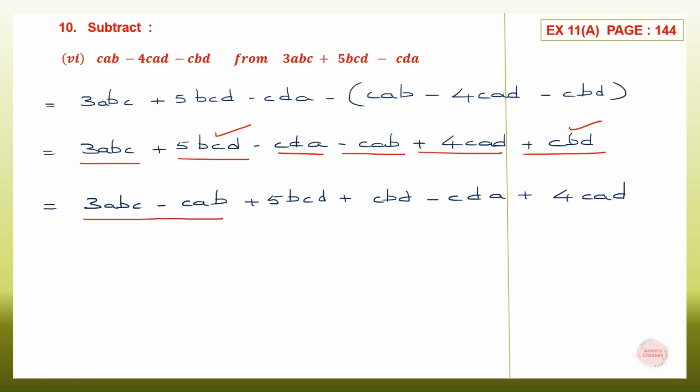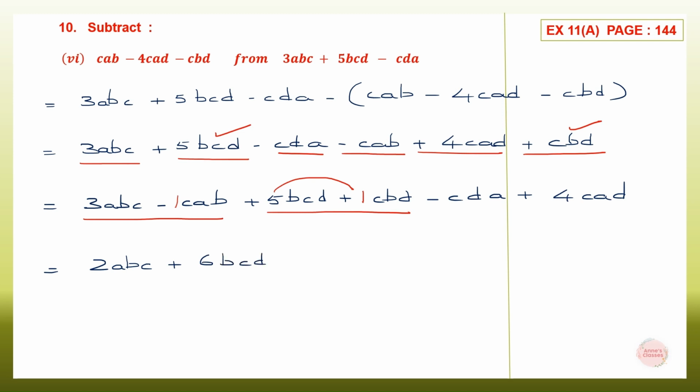So now we're going to work on the like terms. Let's work on these two. So that will be 3 minus 1. 3 minus 1 is 2. So that is 2abc. Now next one is this, 5bcd plus 1bcd. Since it's plus, we can do it here itself. It's easier. 5 plus 1 is 6. So that becomes 6bcd.